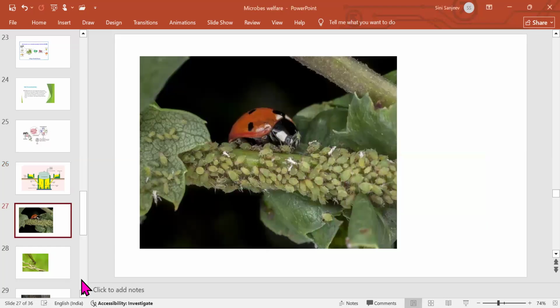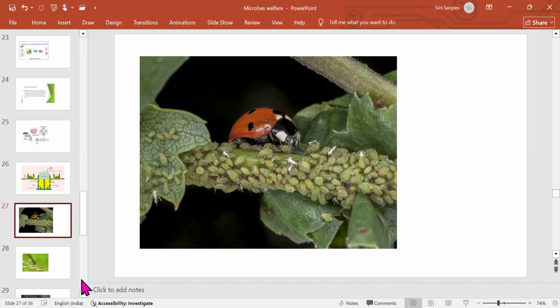Next one is the use of microbes as biocontrol agents. Now, we have already seen how they are used as a household agent, right? How they are used in industries to produce major products like cheese and fermented beverages. Then about the STPs, how the sewage treatment plant works, as well as the production of biogas.